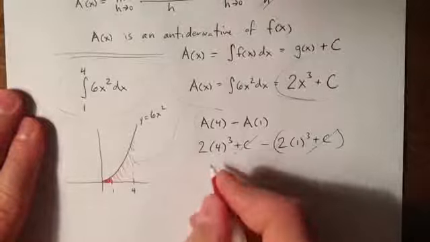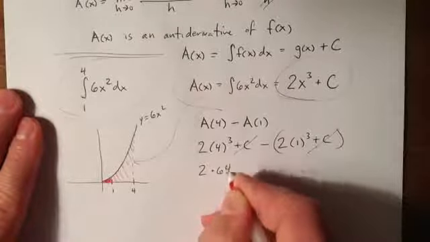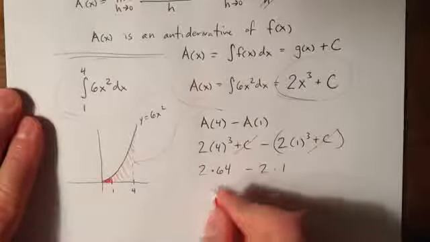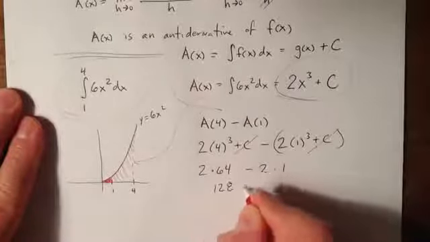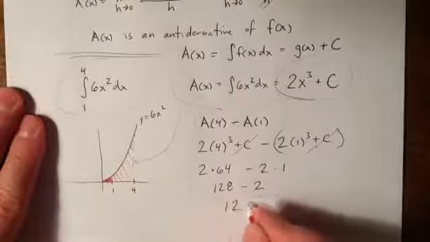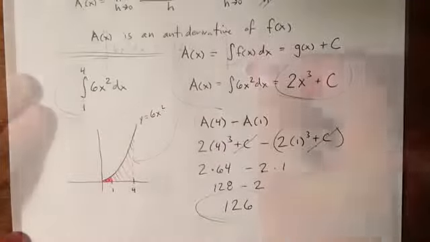And I'm simply left with 2 times 4 cubed is 64, which means we have 128 minus 2, or 126. And that turns out to be our area amount.